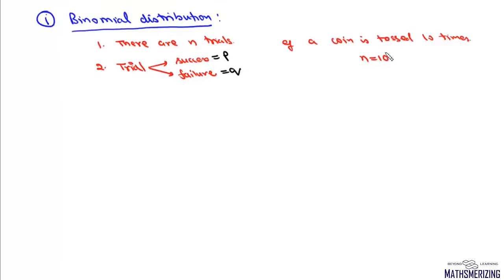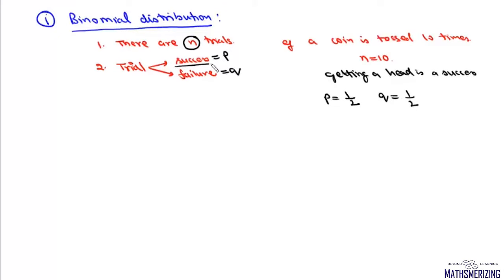In this example, suppose we say getting a head is a success. Then the probability of success is 1 by 2, and the probability of failure is also 1 by 2.